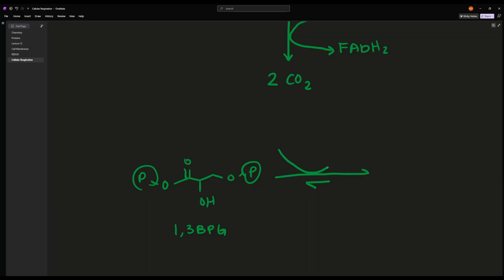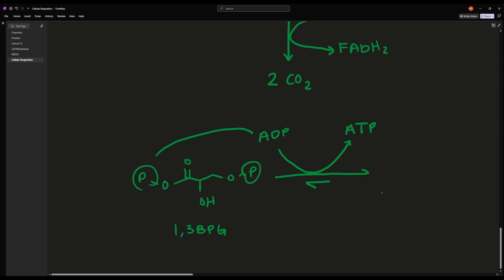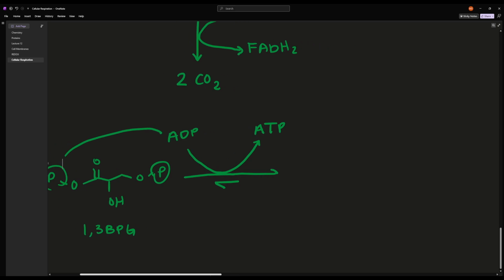And what's going to happen is we are going to take ADP and take one of these inorganic phosphate groups, this guy here, and slap it onto ADP to make ATP. And so we're going to be left with ATP and this molecule, 3-phosphoglycerate. And the enzyme that does this is phosphoglycerate kinase.